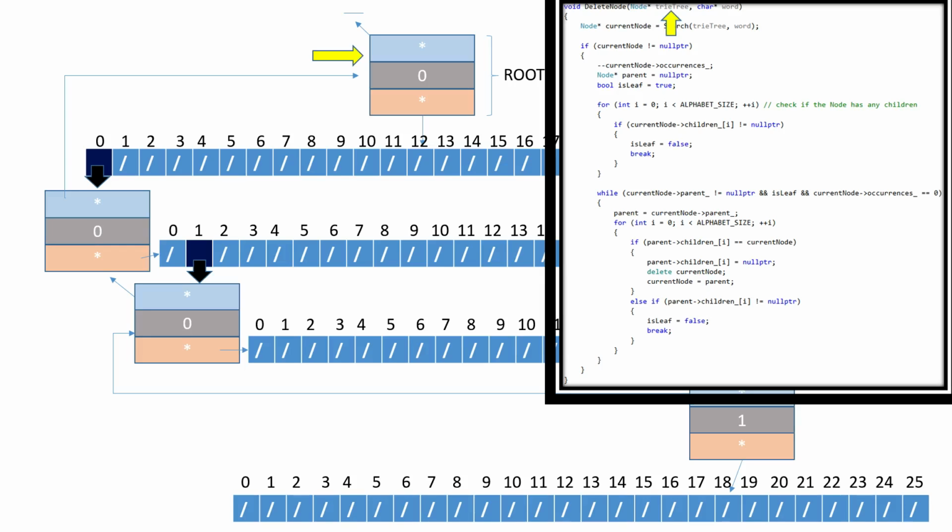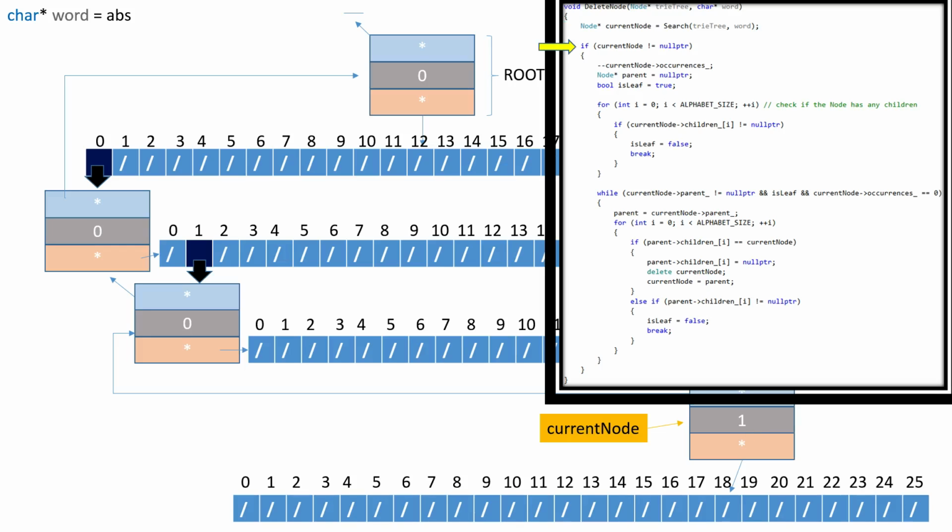So first, trie tree, we're going to pass it the root to our trie. Our word is ABS. Current node is going to equal the result of searching: we're going to pass along the trie tree, and search for the word. It's going to return the final node in the word, which is down here. This is the final node.